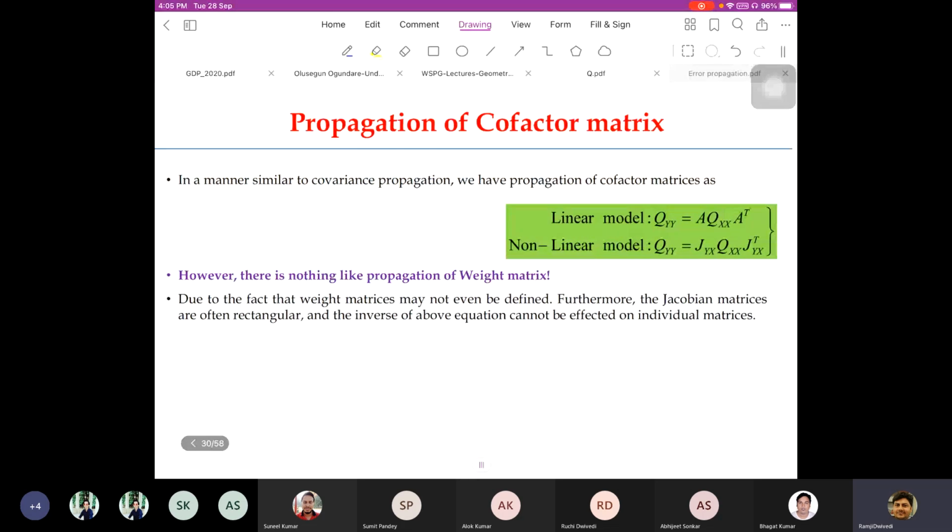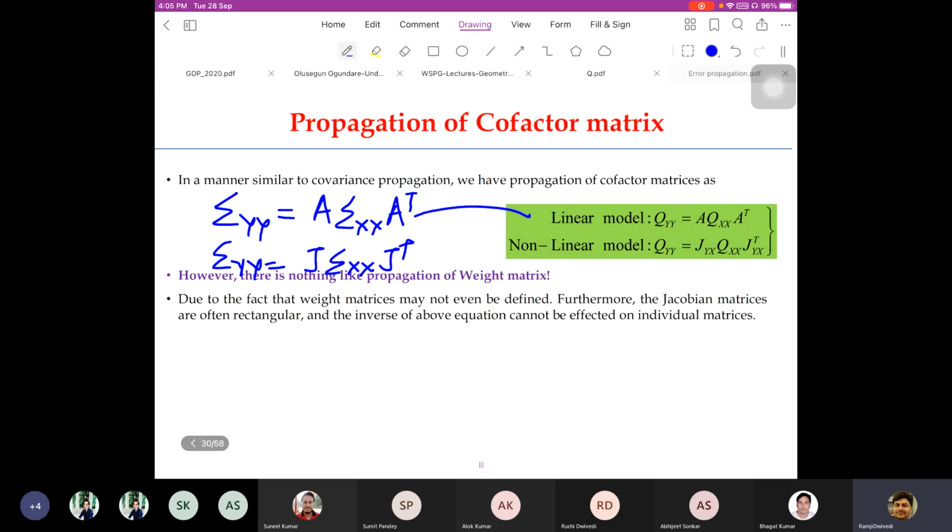And finally, just like the variance-covariance propagation we have studied, sigma yy is equal to A sigma xx A transpose, or sigma yy as Jacobian sigma xx Jacobian transpose, the corresponding cofactor matrix propagation is also followed in the same manner.